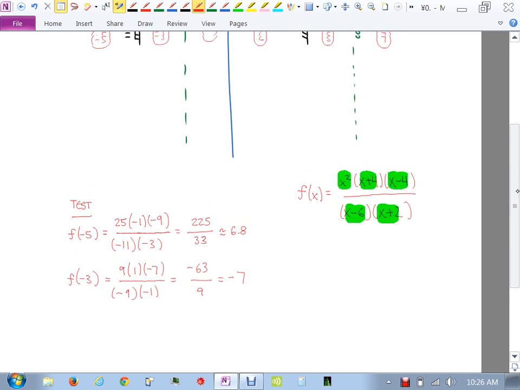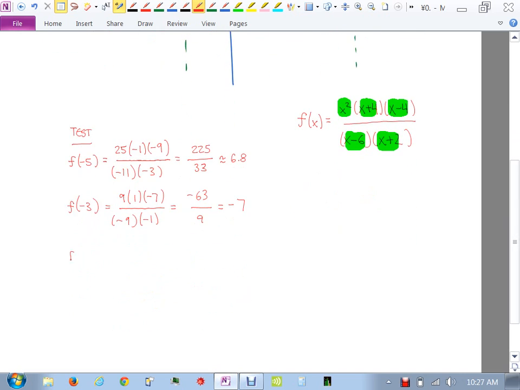All right, next test point, -1. F of -1 is, let's see, -1 squared is 1. -1 plus 4 is 3. -1 minus 4 is -5. -1 minus 6 is -7. -1 plus 2 is 1.